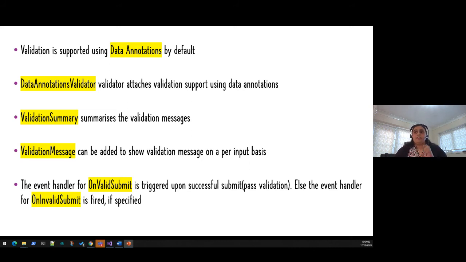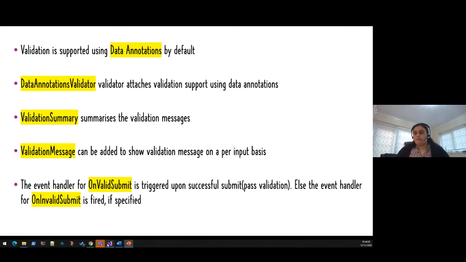But with Blazor, alongside data annotations, you also need what is called a validator. And it is the validator which actually attaches the validation support to data annotations. So this is a component which needs to be inside the edit form. Without this component, no matter what data annotations you have on your view model, the validations just won't kick in.